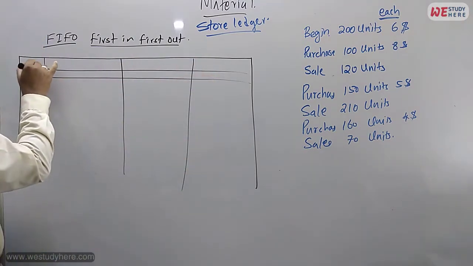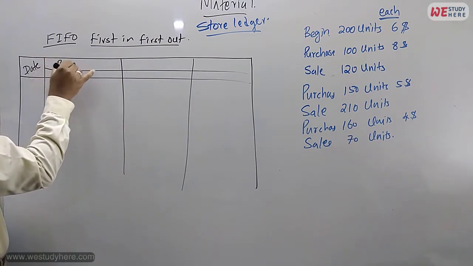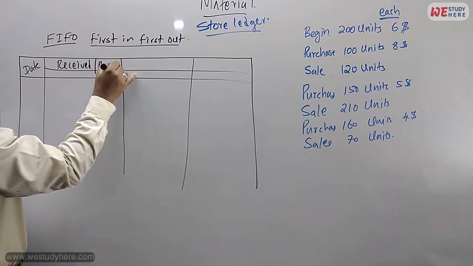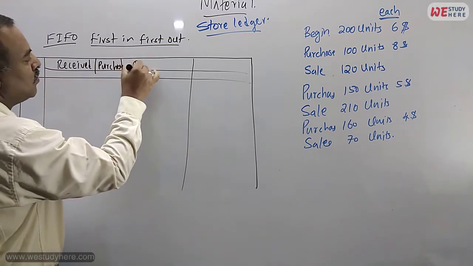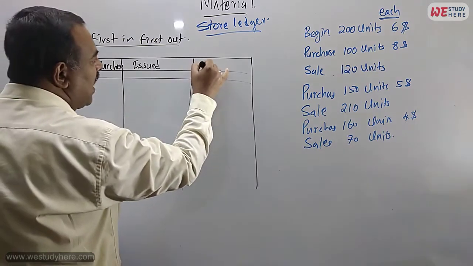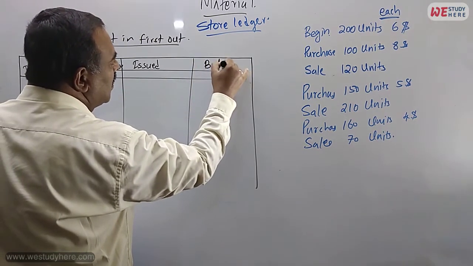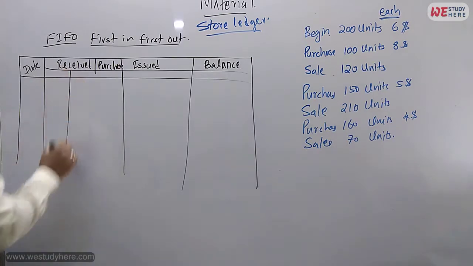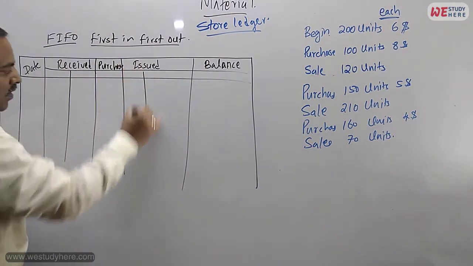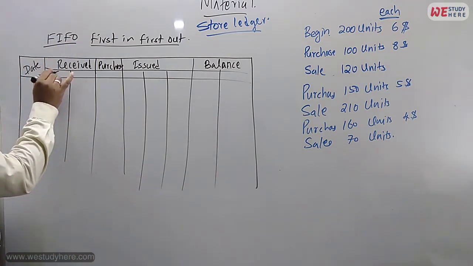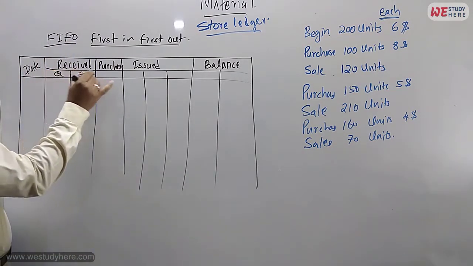Date, received means purchase, and issued means sales, then finally balance. Now under this, Q means quantity, P price, V is value.